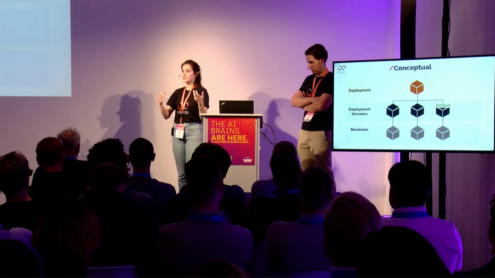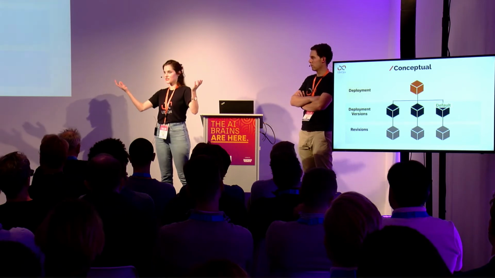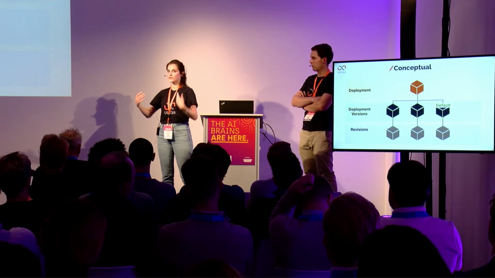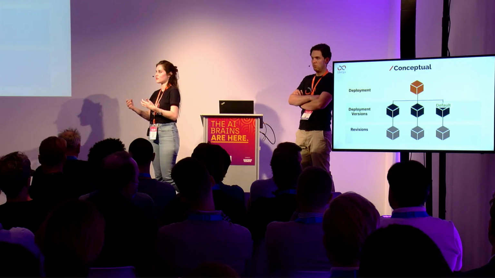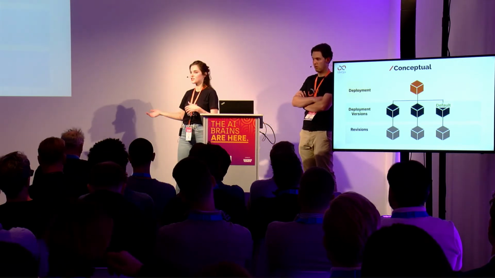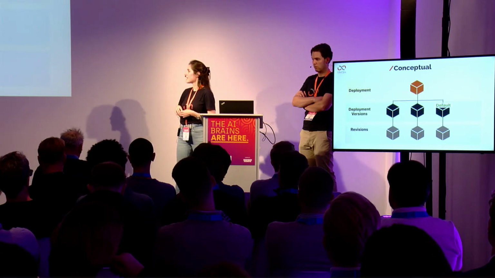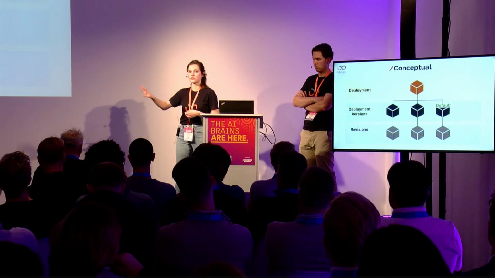So we can have different implementations in terms of code that perform the same input-to-output step. For instance, differently trained models that are used for the same function. Those deployment versions then have revisions for when you override something, but I won't talk too much about that. And you can make one of your versions the default version.